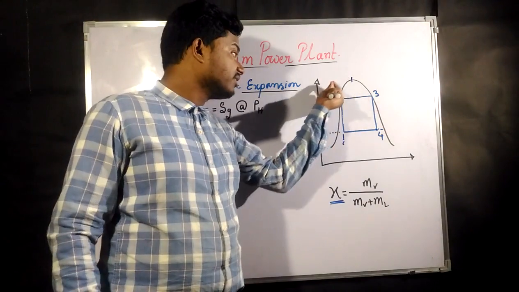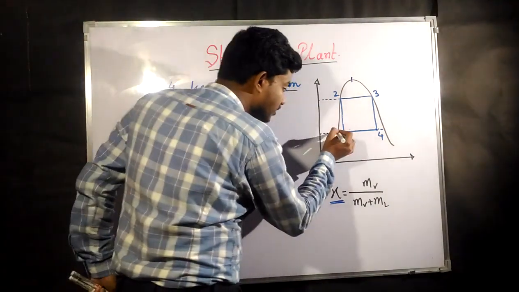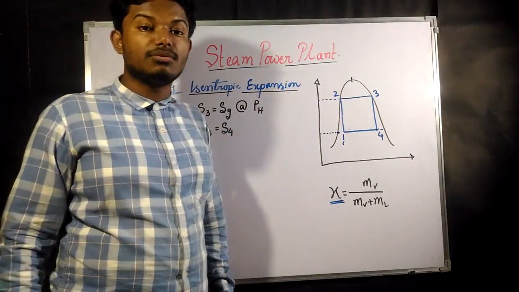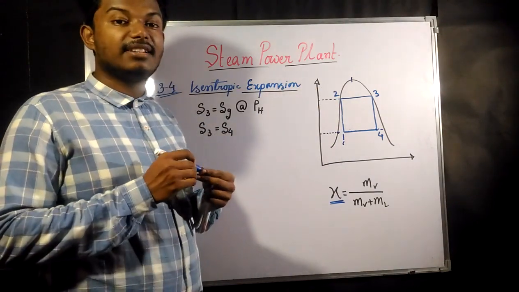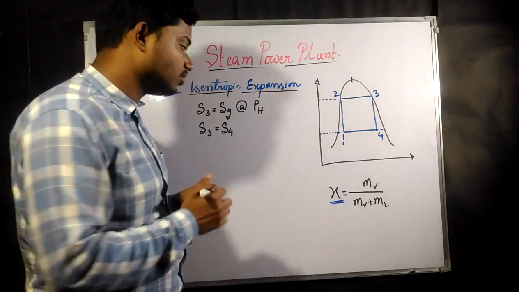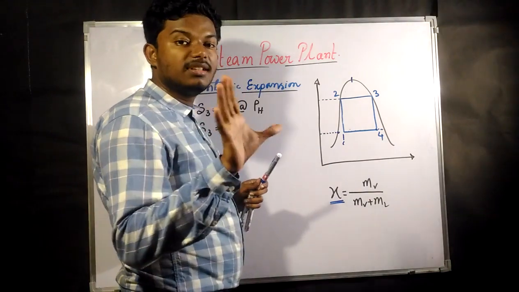Whatever is present on this line is completely liquid. If you take a point here and want to find the dryness fraction, what is going to be the value? We all know that on this line the point has a phase of complete liquid, nothing else, so the vapor is going to be 0.